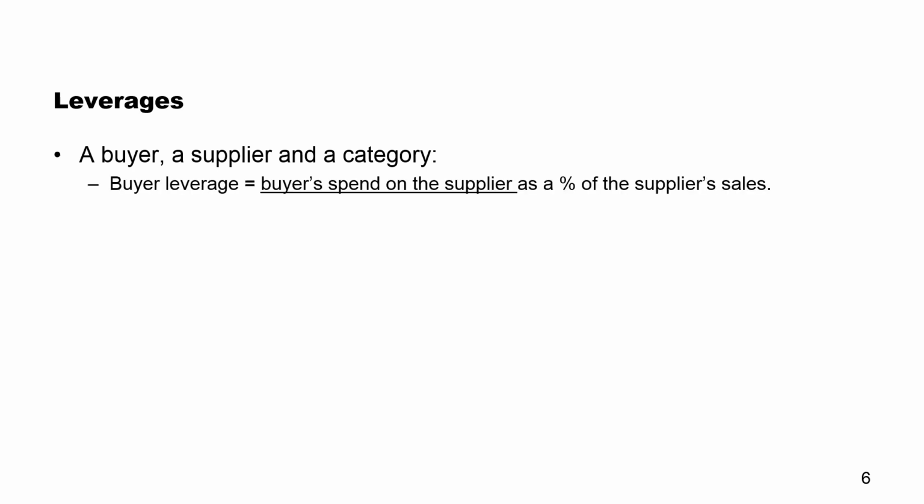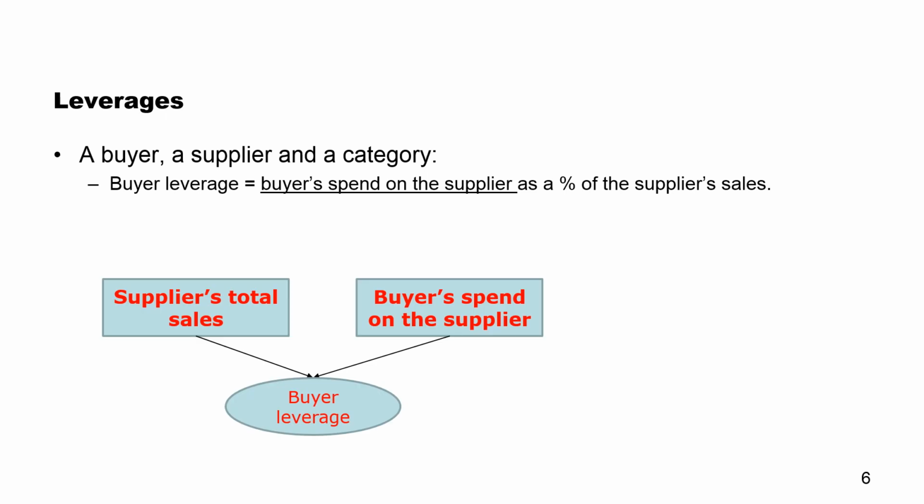Following the intuition and example, we can calculate the leverages as follows. Consider a buyer, a supplier, and a category. The buyer's leverage can be measured by the buyer's spend on the supplier as a percentage of the supplier's sales, or equivalently, the buyer's contribution to the supplier's revenue.